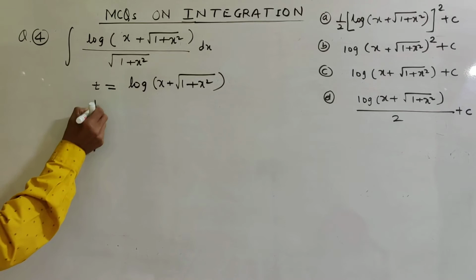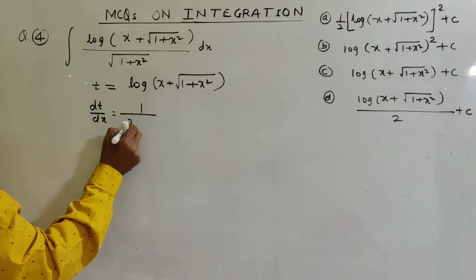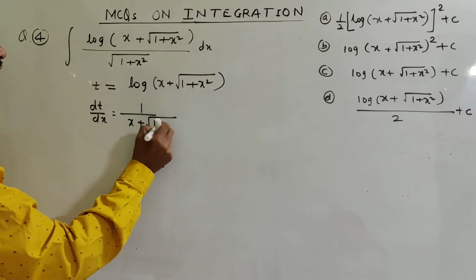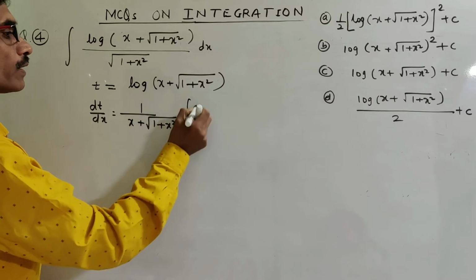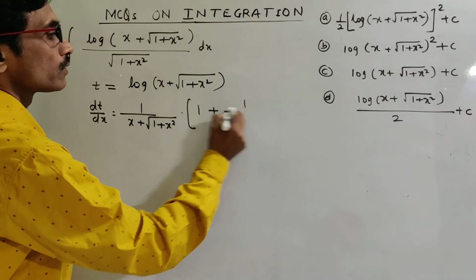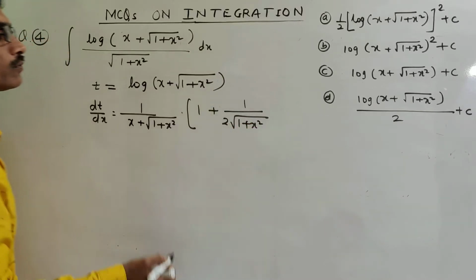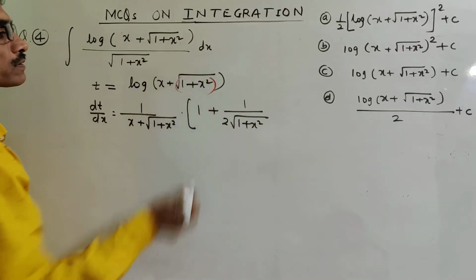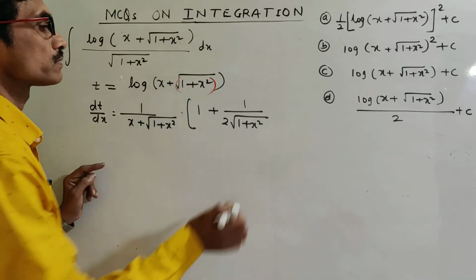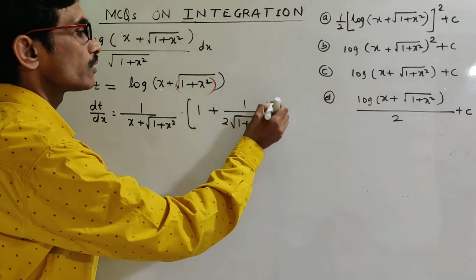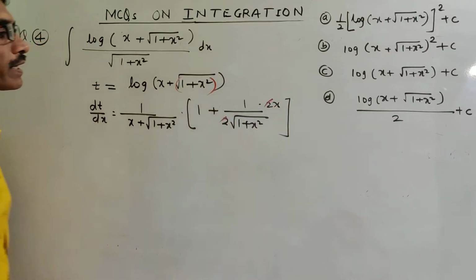So the derivative dt by dx is equal to the derivative of log f(x), which is 1 upon f(x), that is 1 upon x plus root of 1 plus x square, into the derivative of x plus root f(x). The derivative of root f(x) is 1 upon 2 root f(x) into f dash of x, and f dash of x means the derivative of 1 plus x square, which is 2x. Now this 2 and this 2 will get cancelled.